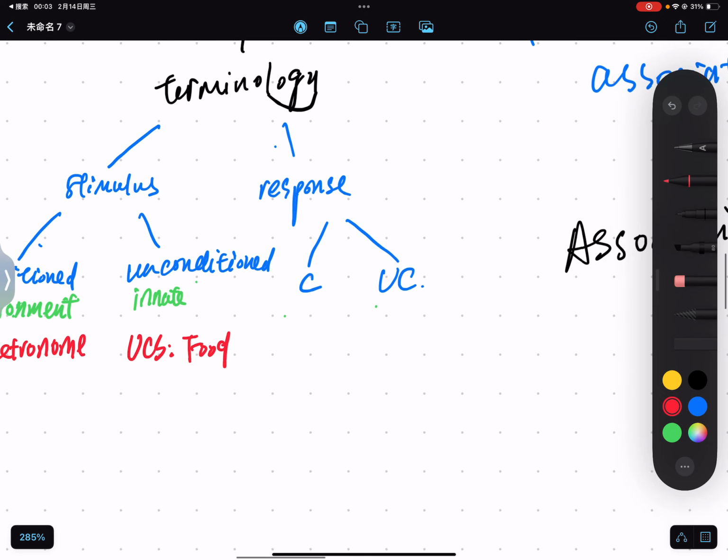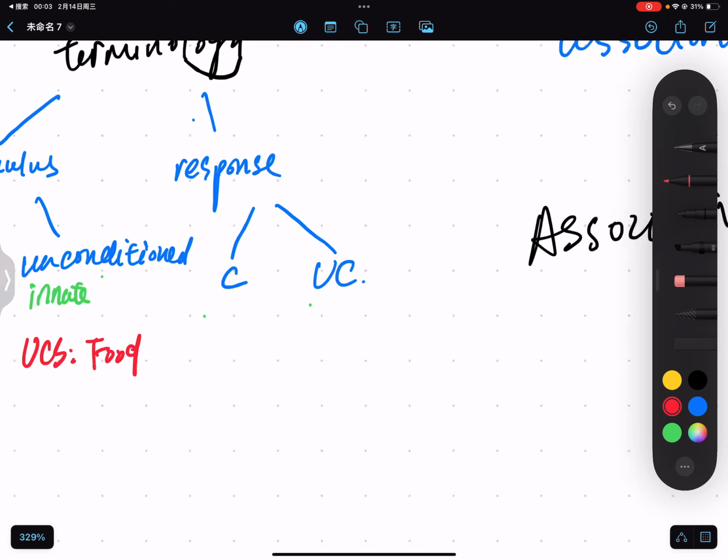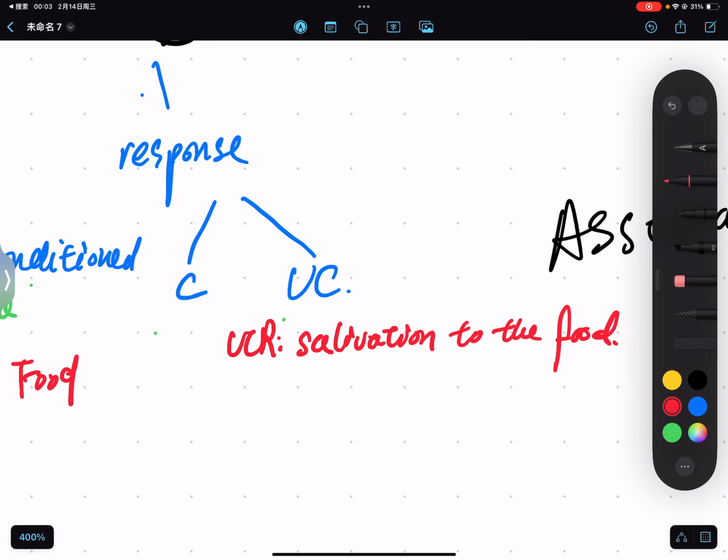So for the responses, we first talk about the UCR. The UCR is the response you do not learn, that you have innately, which is salivation to the food, right? Like the dog, which salivates when it has food.